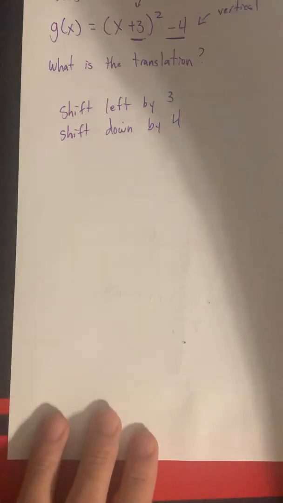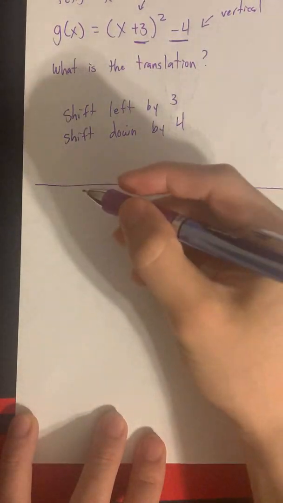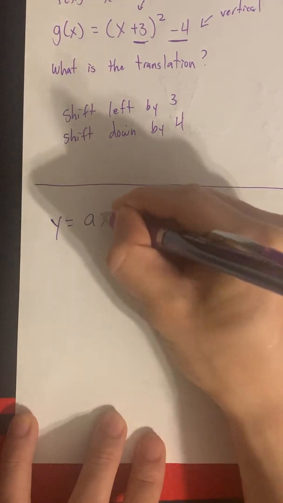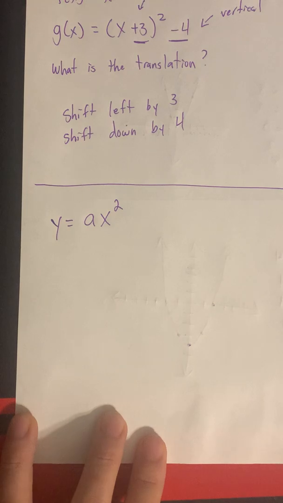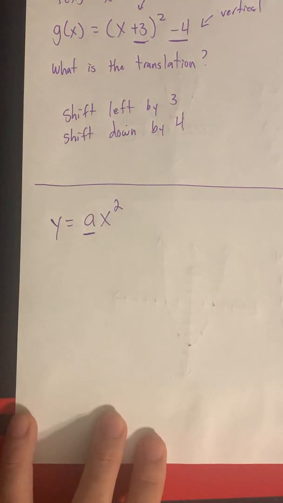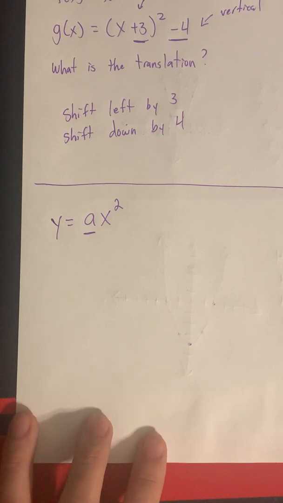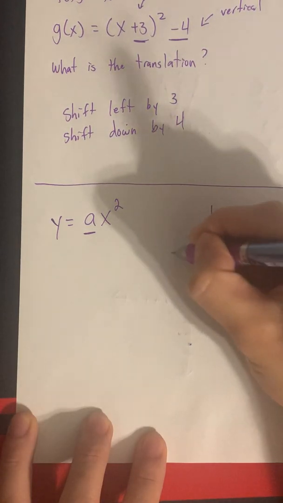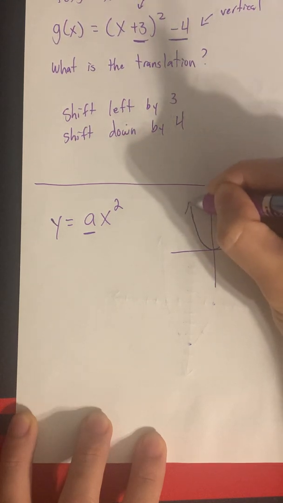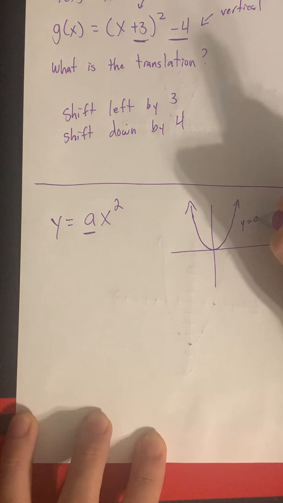All right, next example. Let's say we have the equation y is equal to ax squared, and we want to see what this a value does to our graph. So let's say this is our graph right here, y equals ax squared.